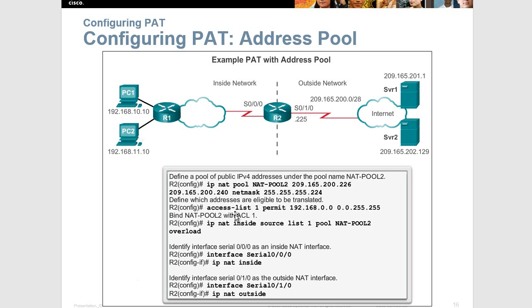Create your access list that's going to designate the private IP addresses that will be assigned public IP addresses through NAT. Then we have to set up and bind the NAT pool to the ACL. So we go IP NAT inside source list 1 because this is access list 1, NAT pool 2 because this is NAT pool 2. And the overload command is the command that allows you to have more than one private IP address assigned to a public IP address.